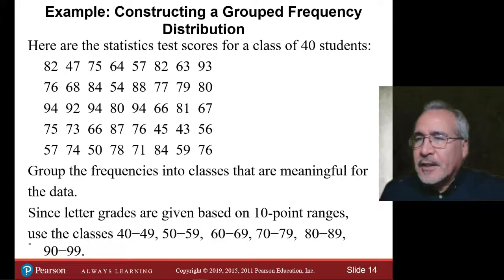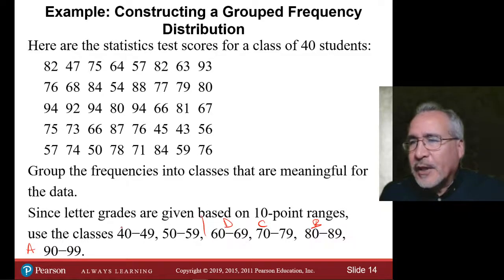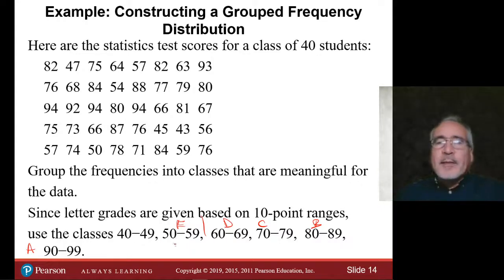So here's your A, this would be a B, a C, a D, and anywhere down here is your F. I don't know why we need to go there, but when you do a frequency chart, we have to group them by the same amount. At least that's kind of the rule.